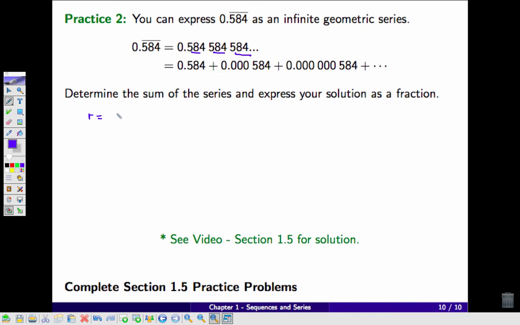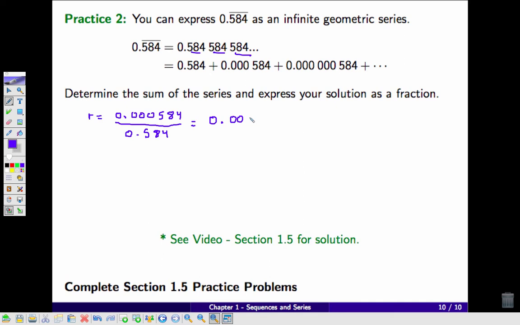So when you compute this, what do we get? Now, this is going to be a writing nightmare for me on this little writing pad, but I'll do my best. r is going to be 0.000584 divided by 0.584.